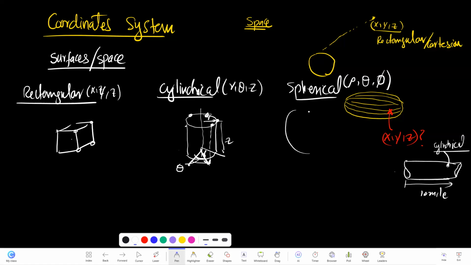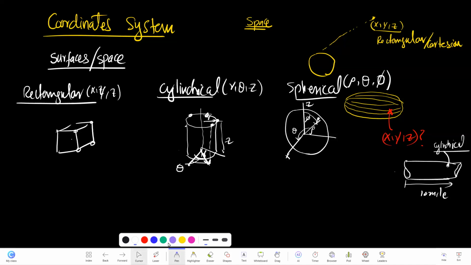When you talk about spherical coordinates, you do pretty much the same thing. You take a point, go here, call it rho, and take this angle, how far you go from x and how far you go from z in terms of angular displacement. Angular displacement means angle, right?